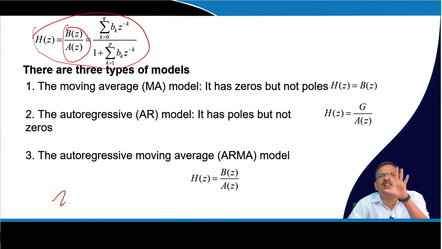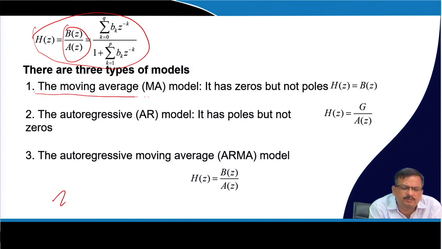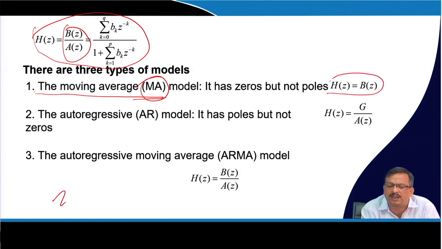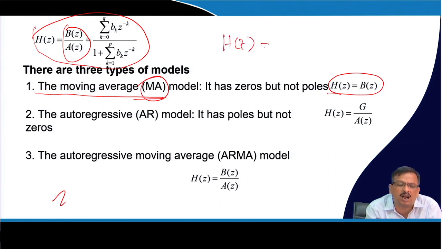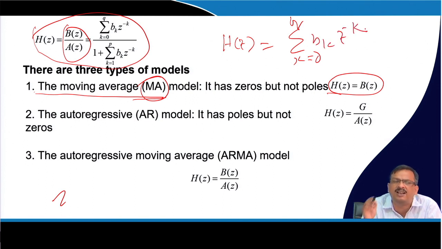Now let's say there are three types of models. The first is the moving average model, the MA model. What is MA? MA is when H(z) is equal to B(z). If H(z) is equal to B(z), then H(z) is the summation of k equal to 0 to q of b_k z to the power minus k. Only zeros are there, no poles.